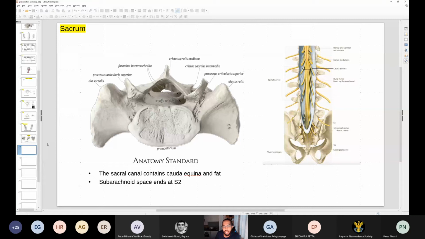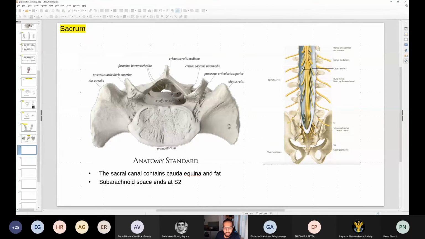So the sacral canal, this is the canal, this is the body of the sacral vertebrae, and this is the canal through which the thecal sac passes.